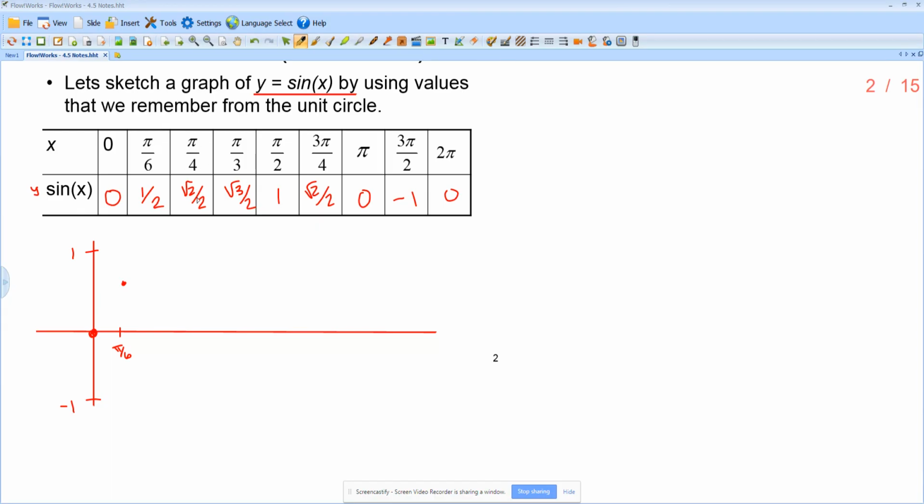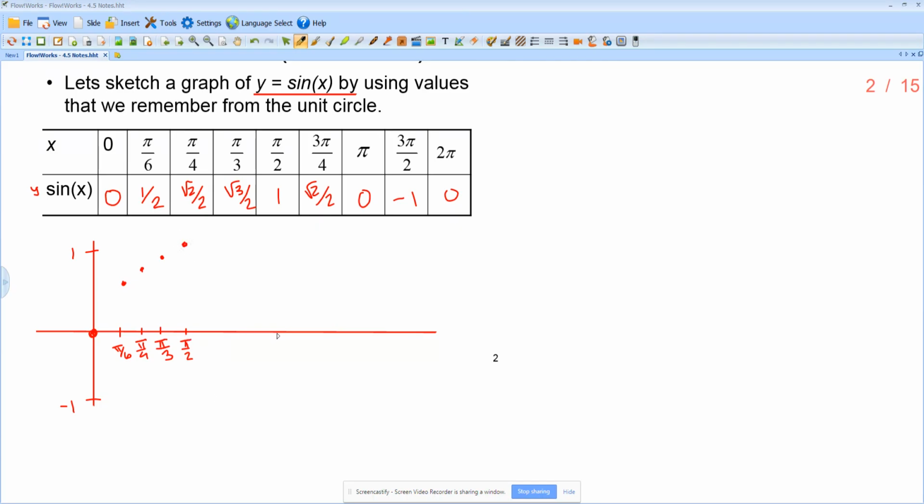When we were at pi fourths, we had √2/2, which is just going to be a little bit more than that. At pi thirds, we have √3/2, which is going to be a little bit more than that. And at pi halves, we have 1.